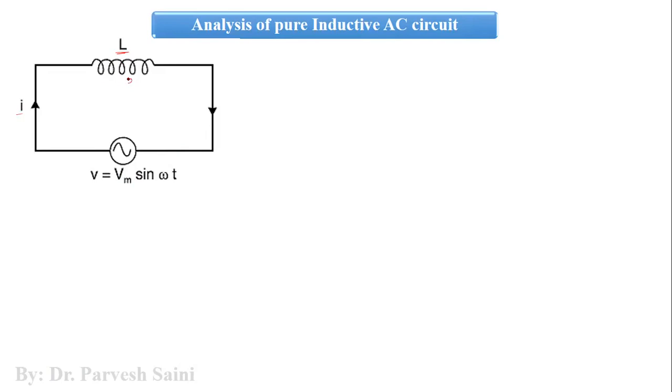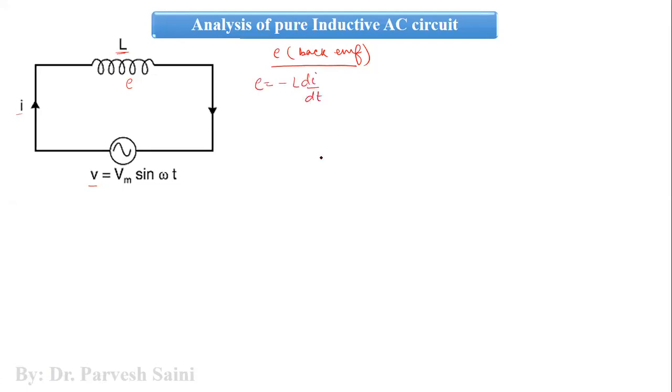That EMF is E here. This EMF is known as back EMF. This EMF is induced to oppose its cause, meaning this EMF will oppose the applied alternating voltage. So this E is given by E is equal to minus L di by dt.